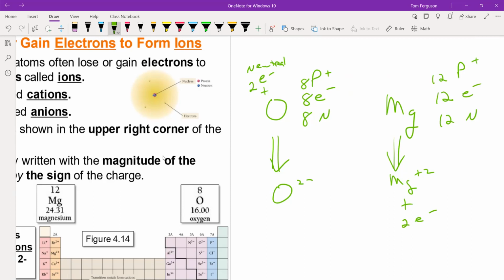So oxygen is going to gain 2 electrons, from oxygen to oxide, -2. Magnesium is going to lose 2 electrons. Again, stability. And magnesium oxide is the way you find magnesium in nature. MgO.